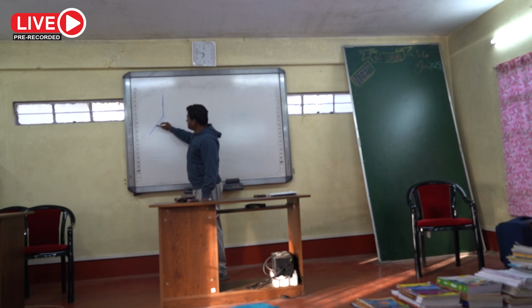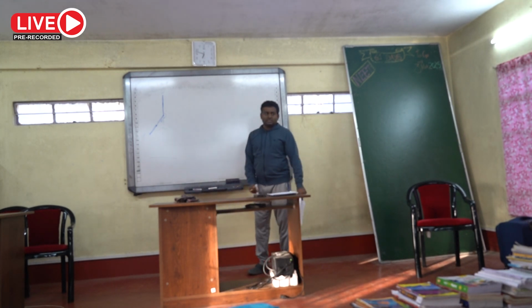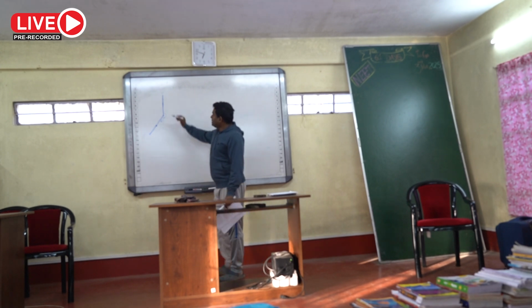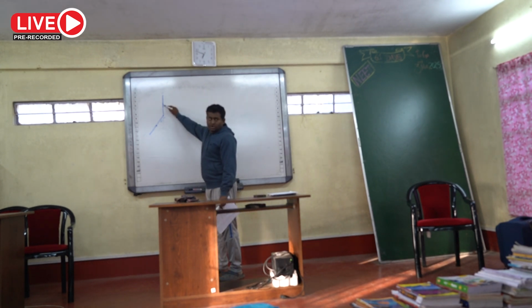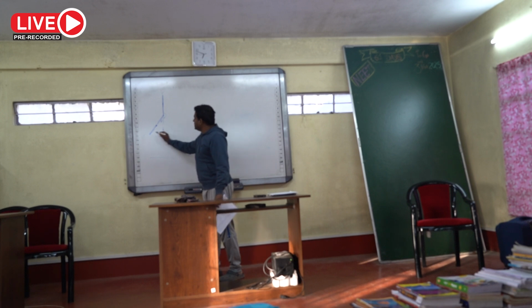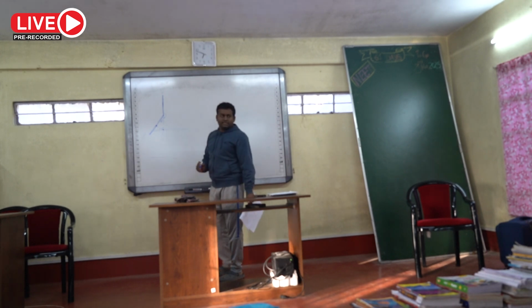I will consider the center of mass because the rod is an extended mass, so we will consider its center of mass. Its potential energy at this point will be with respect to this line. The center of mass passes through this point, and we consider this horizontal line as the reference line.